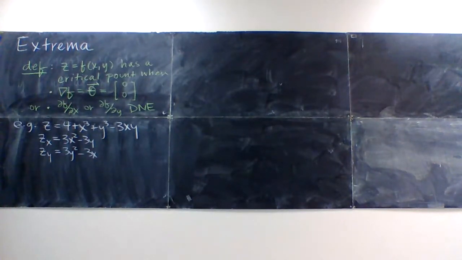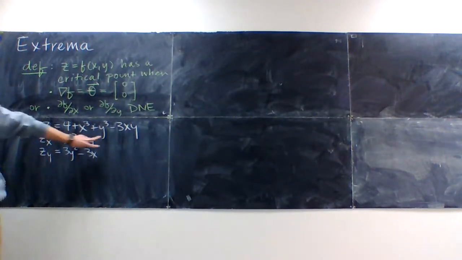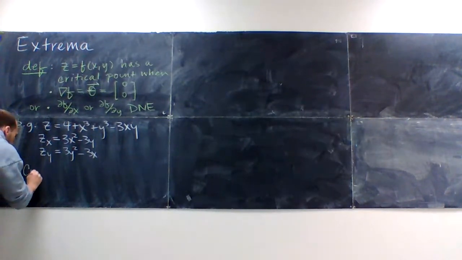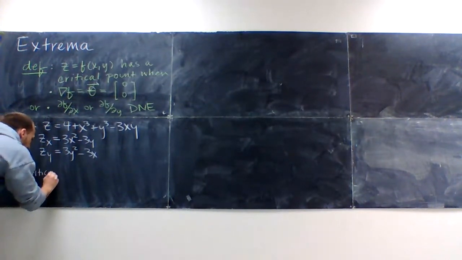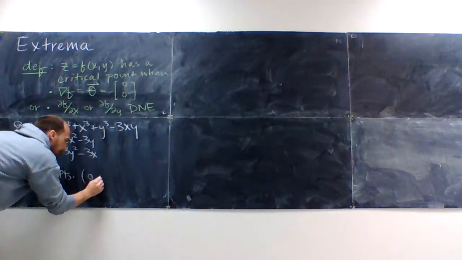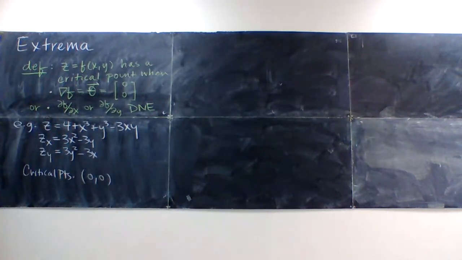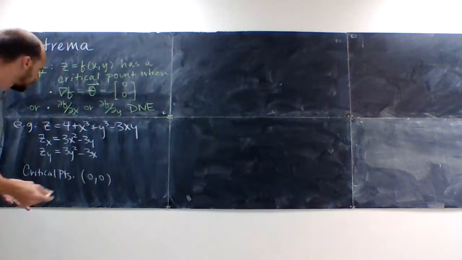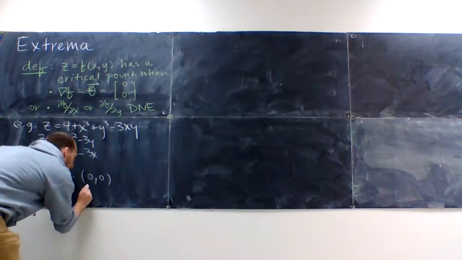Okay. So places where z_x and z_y are both 0. If x and y are both 0, that will be a critical point. Also, if x and y are both 1, I'll have 3 minus 3 for both of my partials. So that would be a situation where the gradient was the 0 vector.